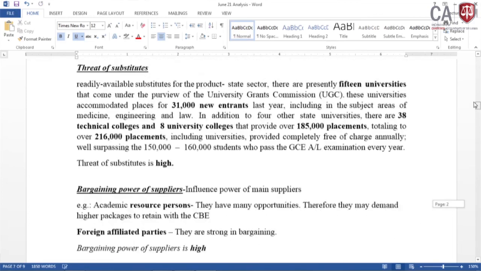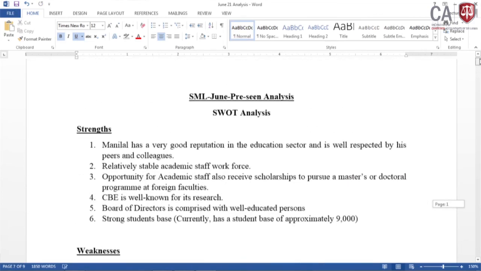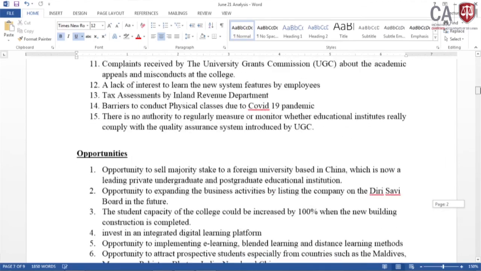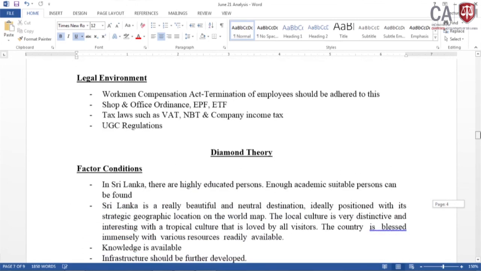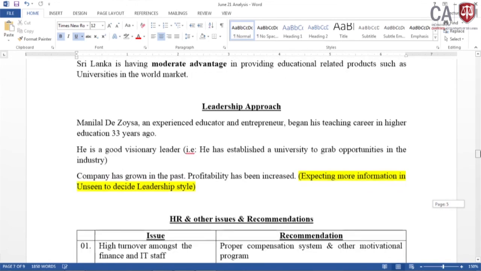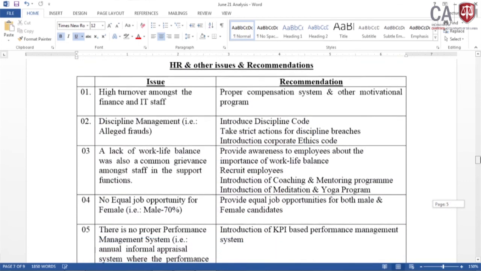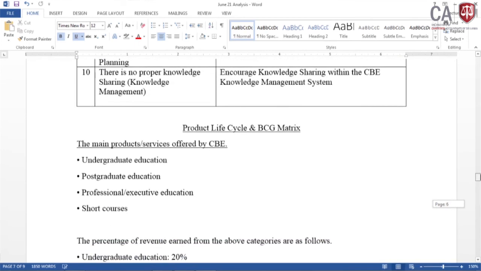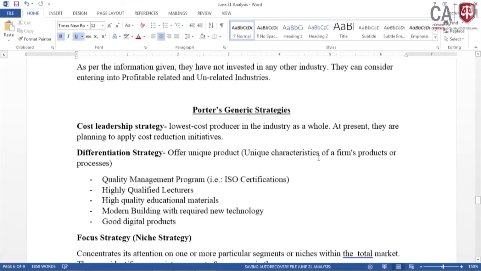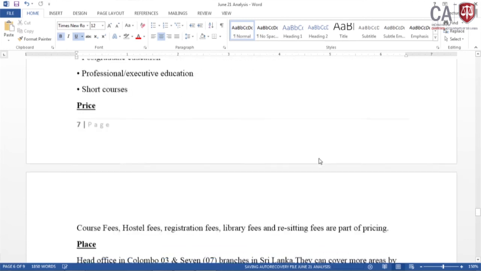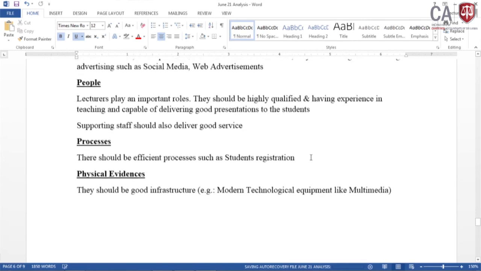Anything more we can do here in relation to this one? So what are things we have done up to now? SWOT analysis, 5 forces, PESTEL, diamond theory, leadership approach, HR and other issues and recommendations, product life cycle and BCG matrix, then Ansoff product market expansion grid, Porter's generic strategies, then marketing mix applications.